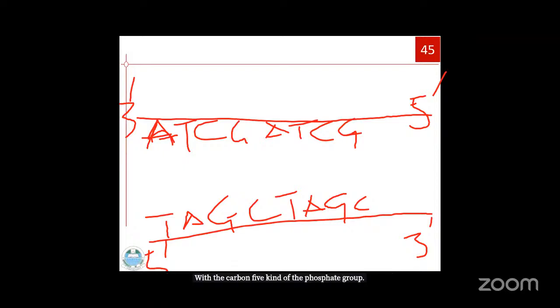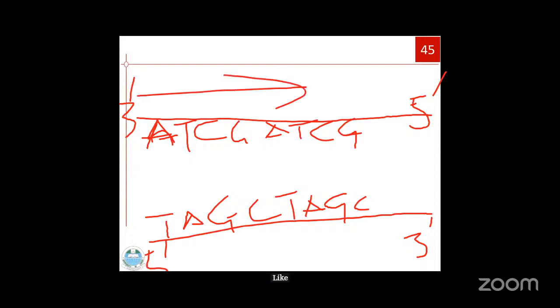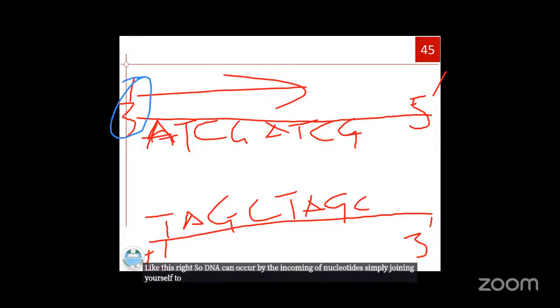We explained this also during phosphodiester bond formation, right? So this 3' is available on this end when this DNA opens, like this, right? So DNA synthesis can occur by the incoming nucleotide simply joining itself to this free 3' hydroxyl group. It is simple as that.